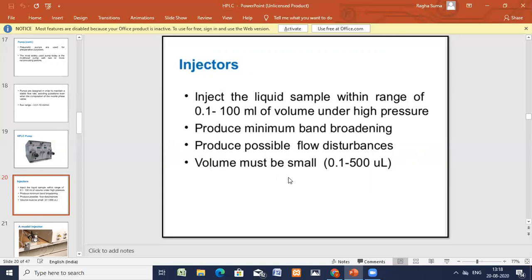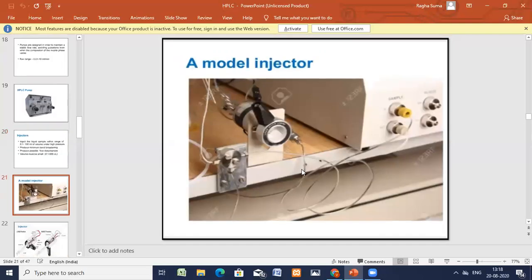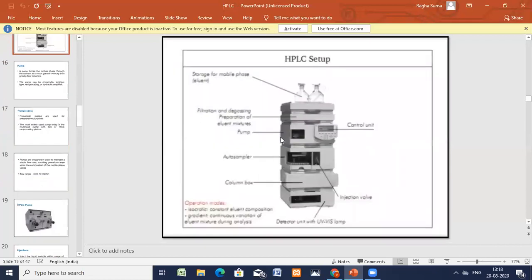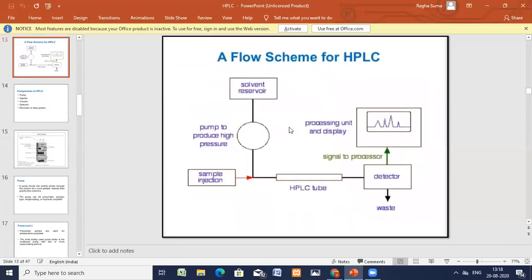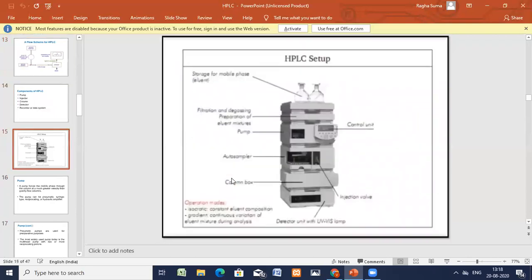The volume must be small. Such types of injectors are used. Here you can see an example: this is the model injector, where you are injecting the sample. This is the sample injection.